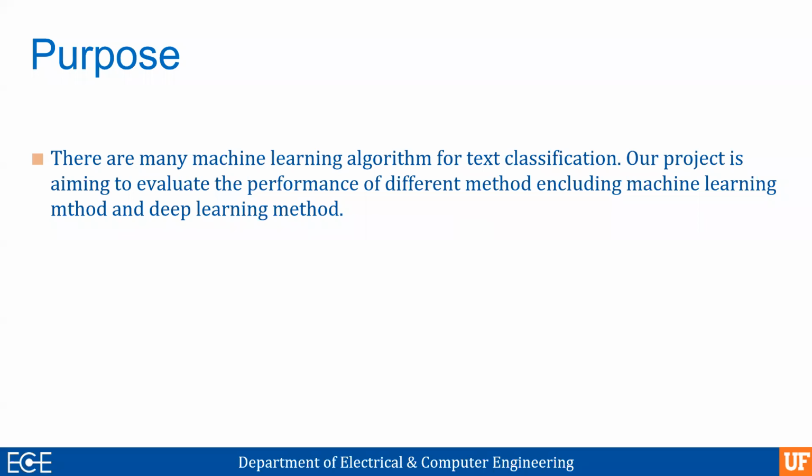First of all, I have to talk about my purpose. With the rapid development of information technology, and of course the machine learning and deep learning methods, we have more and more machine learning methods for text classification.